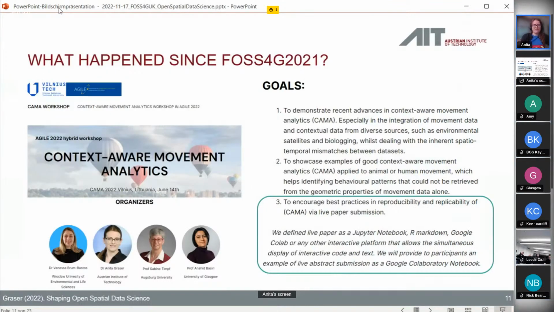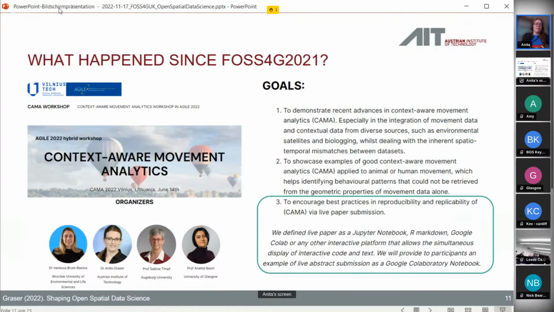What happened since the last FOSS4G? Well, I had one attempt at organizing a workshop at this year's AGILE conference 2022, together with Vanessa, Sabine, and Anahit.